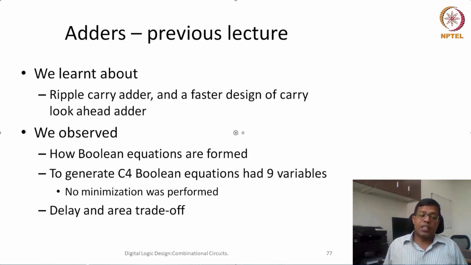So this point also signifies that the number of variables in a particular expression could be very, very large. And this reinforces one point: if the number of variables is very large, the methods we have studied previously, like Quine-McCluskey or K-map, will not be sufficient.